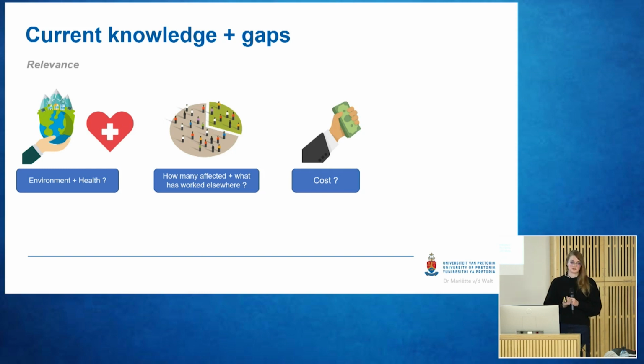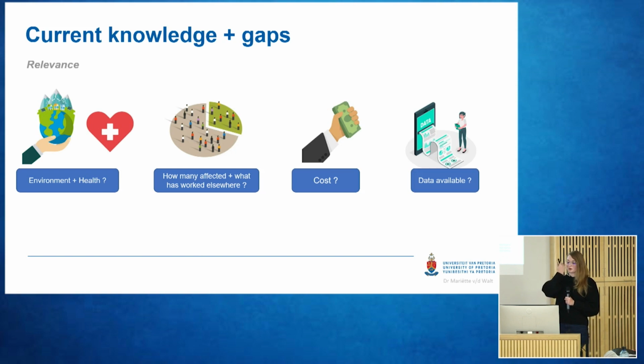Cost is obviously very relevant. What are mitigation actions going to cost us, cost the government? But most importantly, what data are available for us to use in investigations where we can predict areas where we should do future monitoring and which could be hotspots for disease emergence.